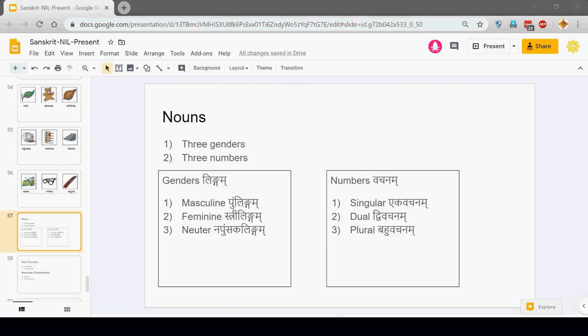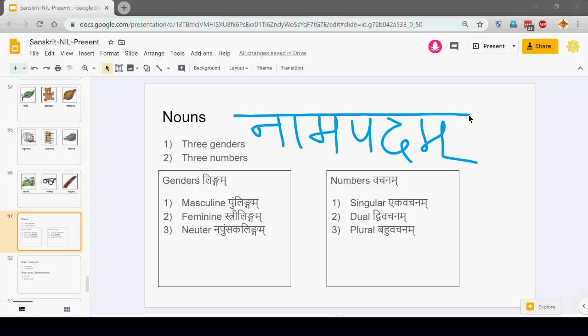In the classes we study the different forms, but I just want to bring this into light today: the words we use to refer to different objects are nouns, and a noun is called nama padam in Sanskrit.